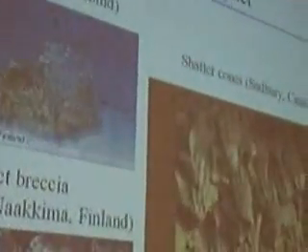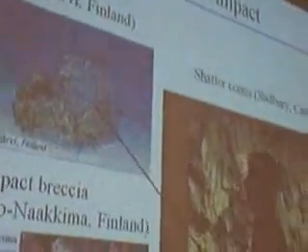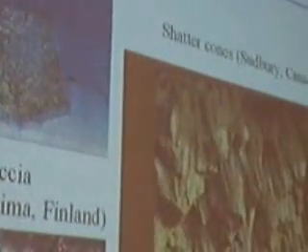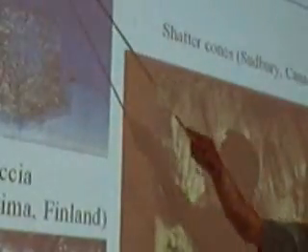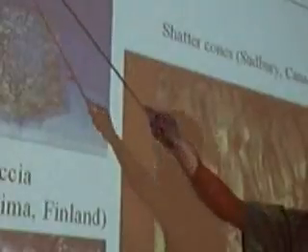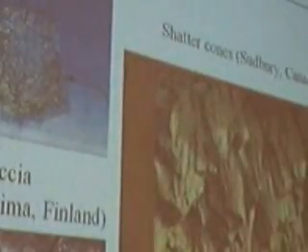And here are examples of indicators from several impact structures. For example, we have in Lappajärvi, which you will see later in Finland, one of the 11 impact structures, impact diamonds, so not mantle diamonds, but impact diamonds.